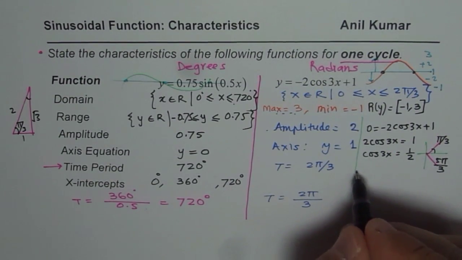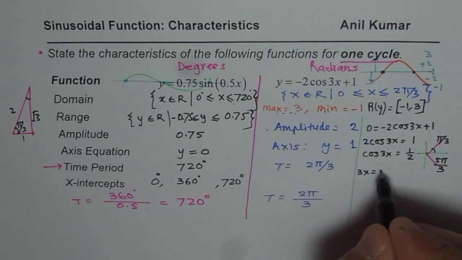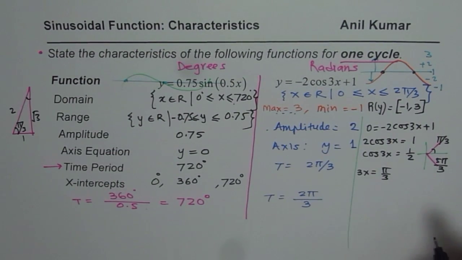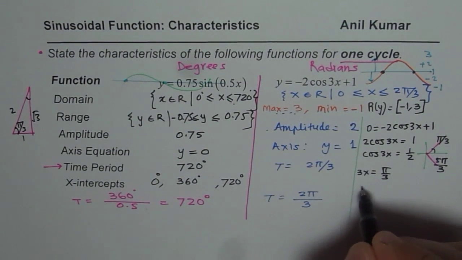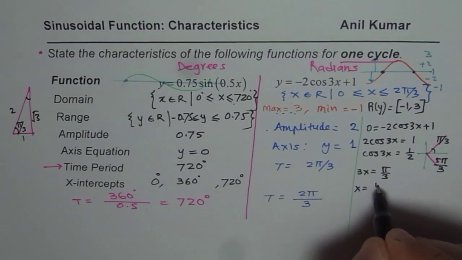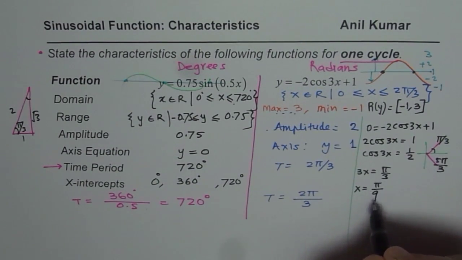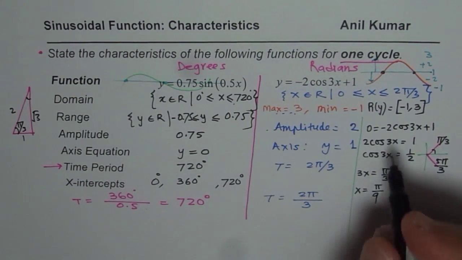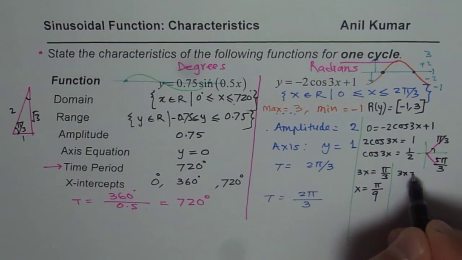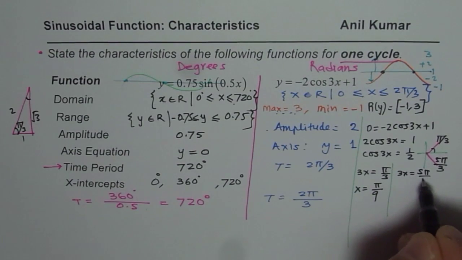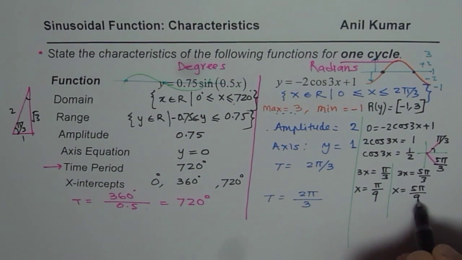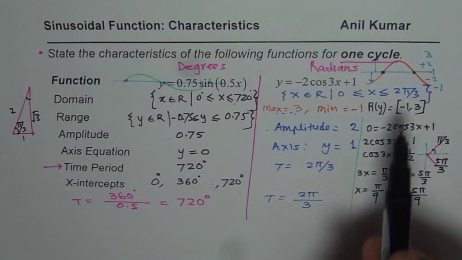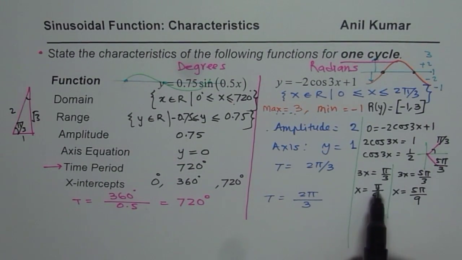So one of the solution is that 3x is equals to pi by 3, this implies that x is equals to pi by 9, right? And the second solution for this is that 3x equals to 5 pi by 3, and x is equals to 5 pi by 9. So we get 2 x-intercepts, and these are at pi by 9 and 5 pi by 9, right?